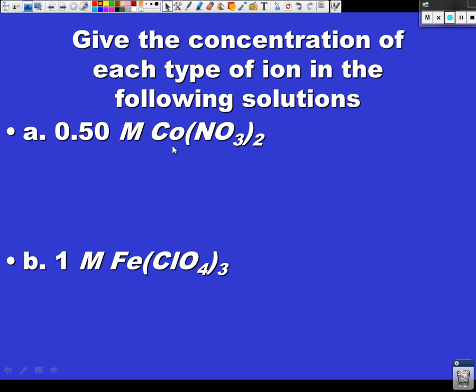The subscript of cobalt is 1. The subscript of nitrate is 2. Does that make sense now? Question? It's given 0.5. You may have to calculate it. Okay. See if you can do B.